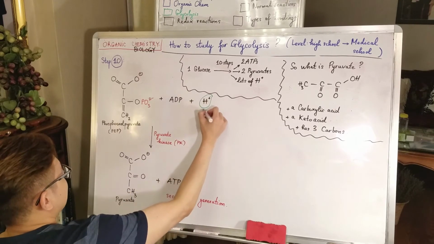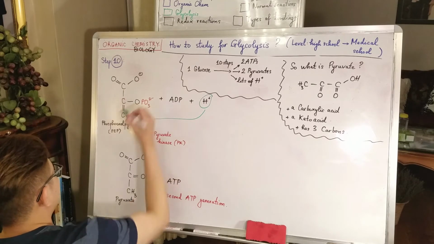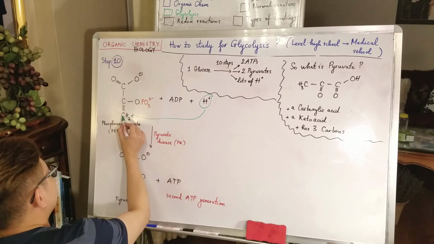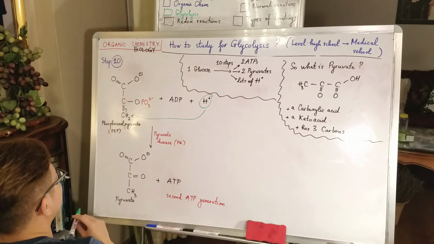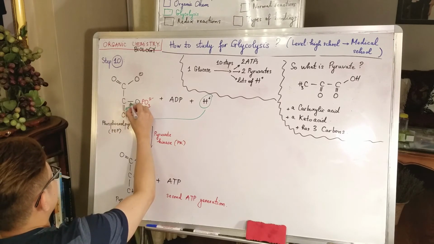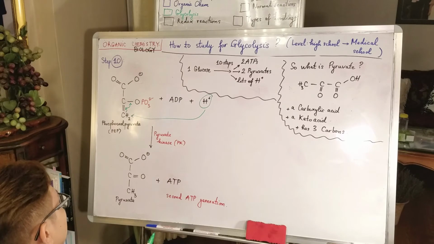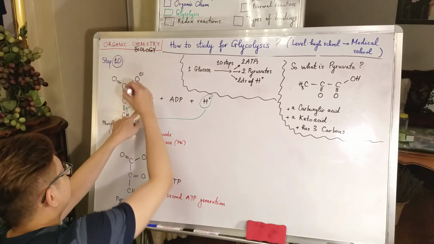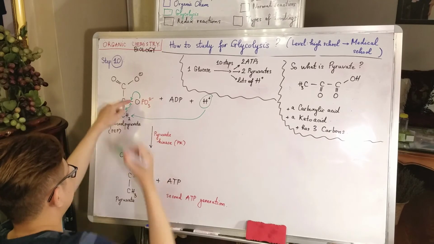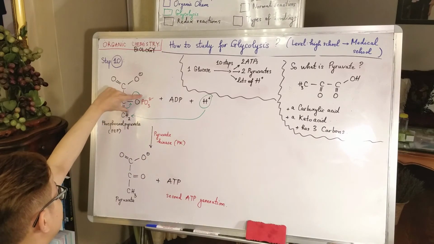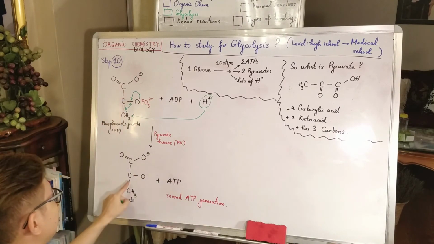Alright, so this one jumps into there, causing the shift of electrons to here and then finally to there. This phosphate, when it's removed, this oxygen already has 1 electron freely, so it will move 1 electron into here. So you see the movements will create a double bond.